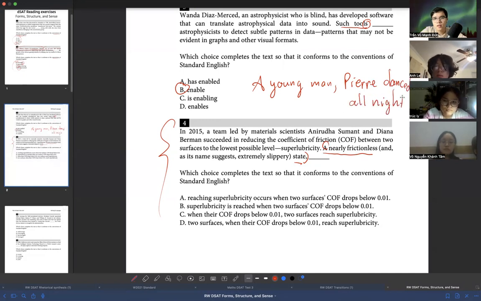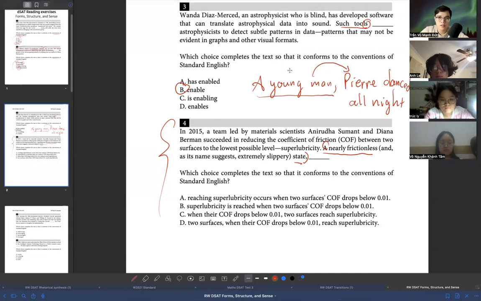This is the same with this one. And this one is directly supporting the word right after it. And what is this called? The modifier. Exactly, a modifier.